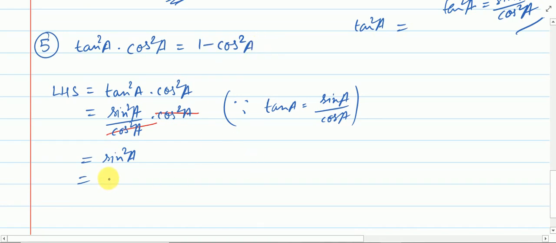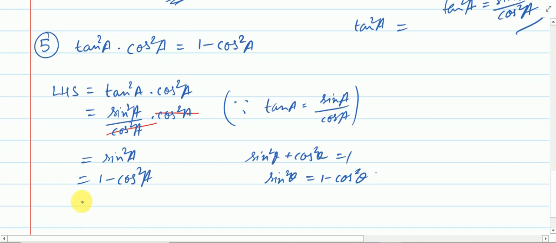So you know that sin square theta plus cos square theta is 1, and from this identity you can write that sin square theta is equal to 1 minus cos square theta. So this sin square A can be written, since we are talking in terms of angle A, as 1 minus cos square A, which is equal to RHS.